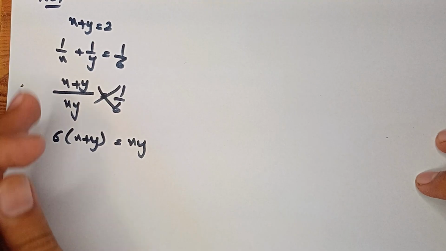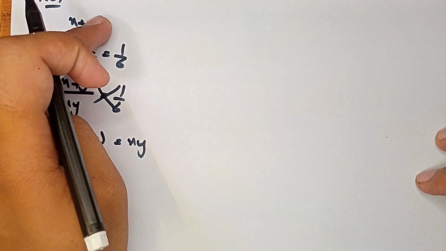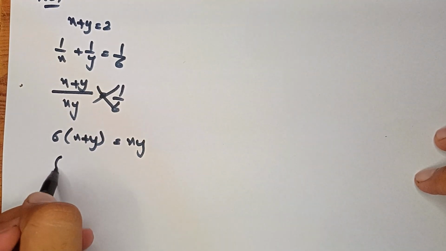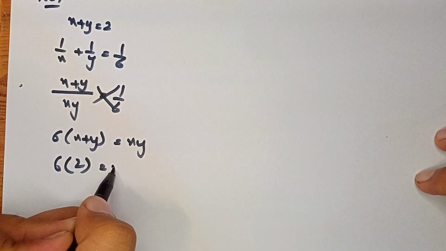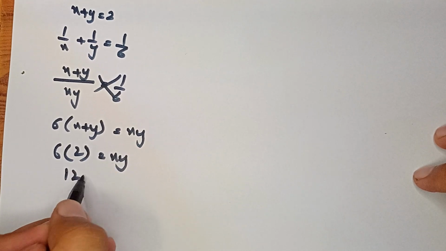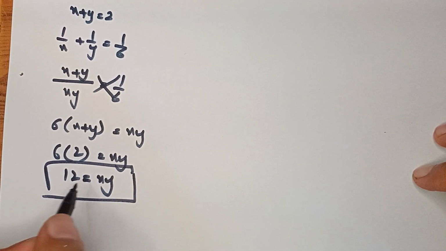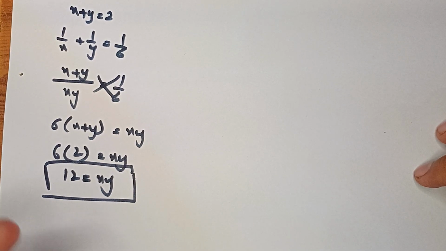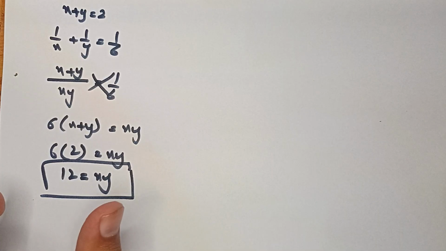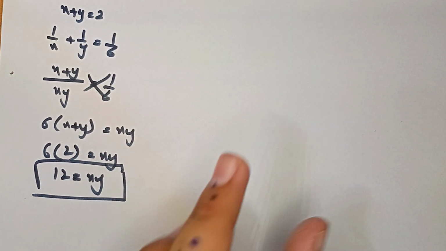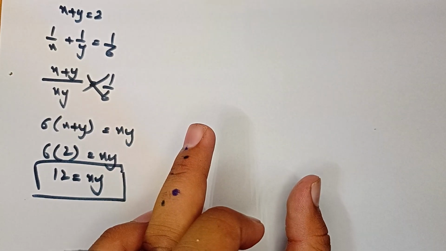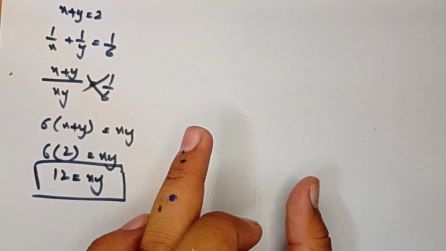Then you put the value x plus y equals 2 in that place, and our product is 12 of x and y. This is the difficulty at the beginning of our question.